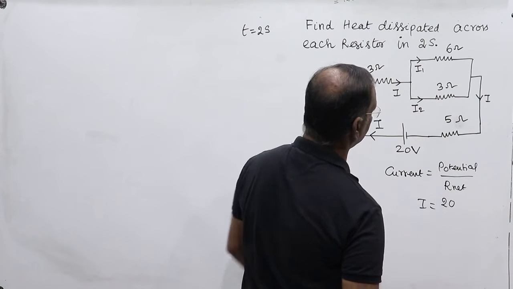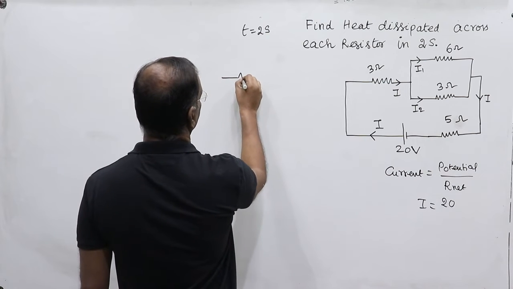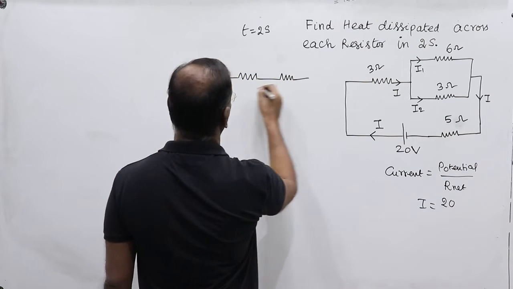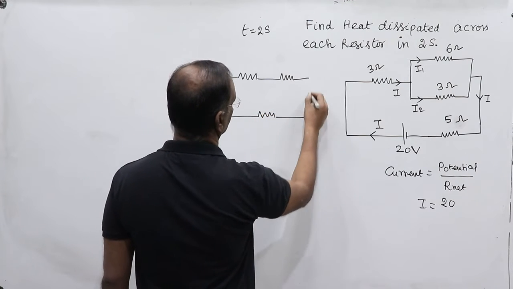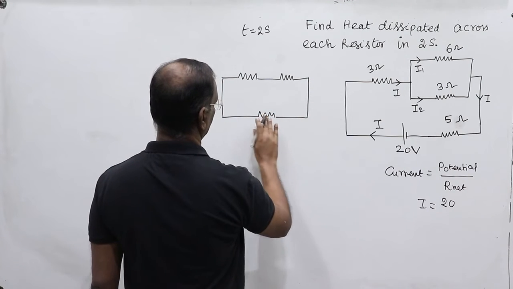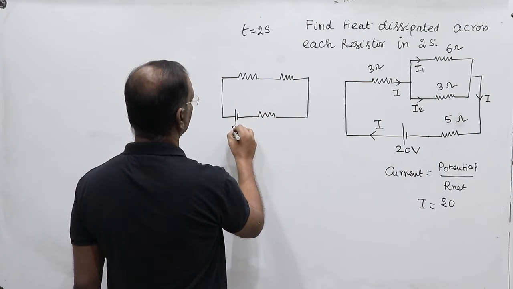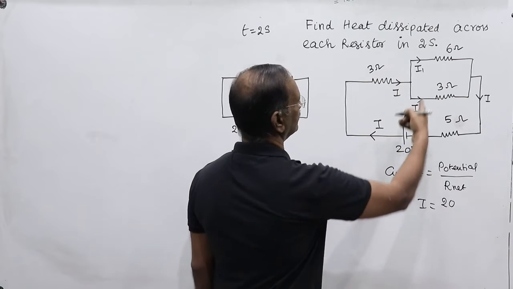This and this are in series, no problem, but this is in parallel. We can write it like this, with a battery of 20 volt, 5 ohm. What is this net? This one.